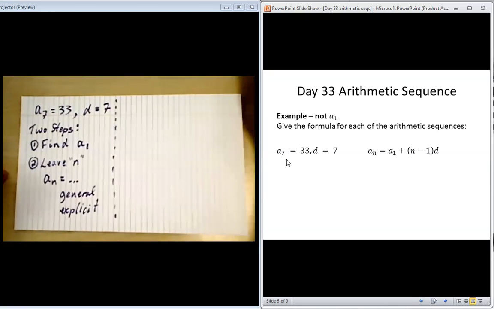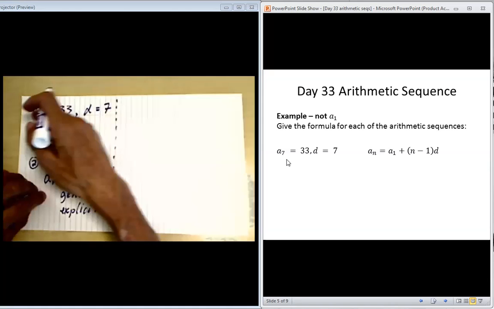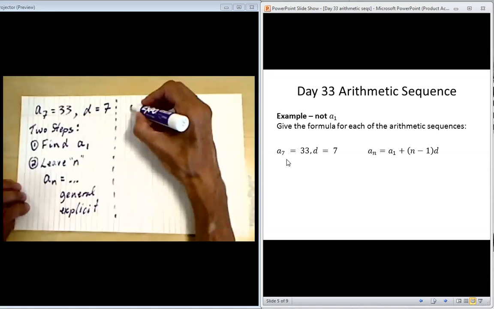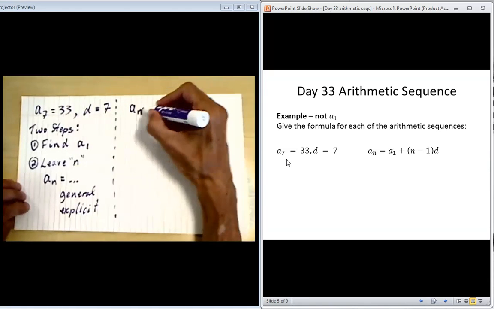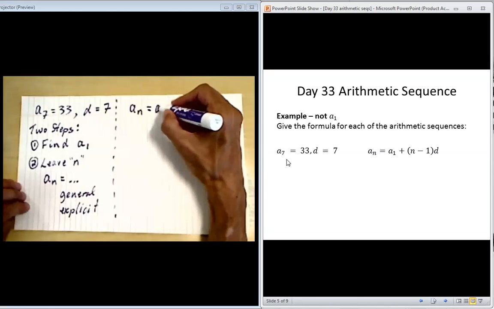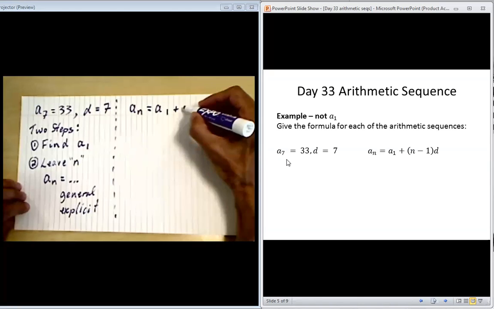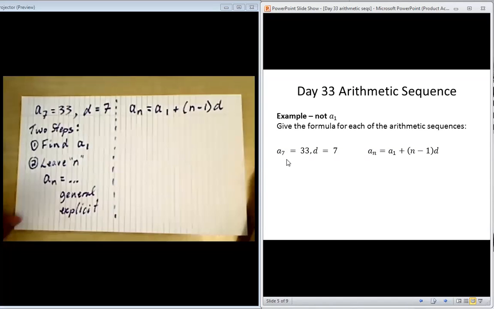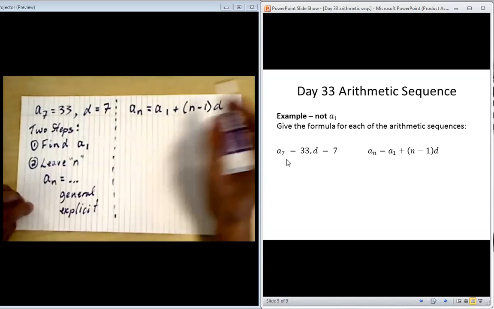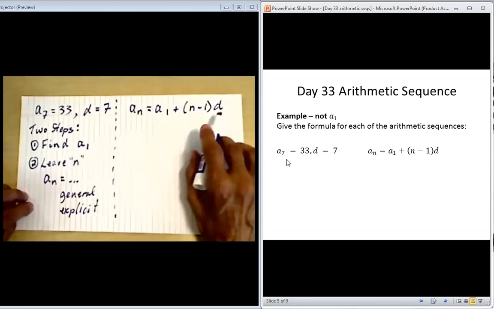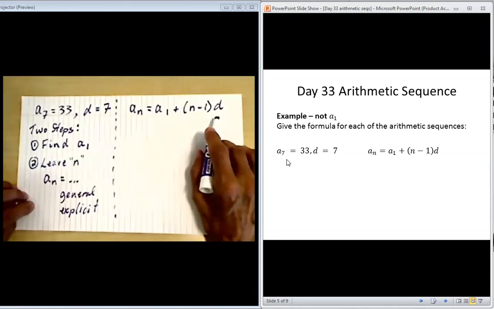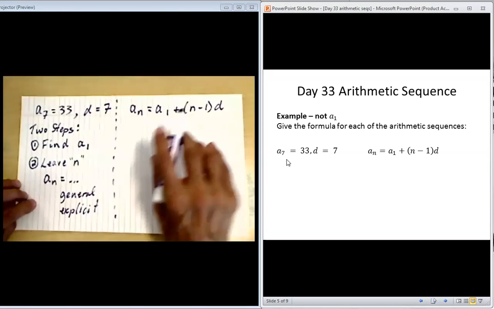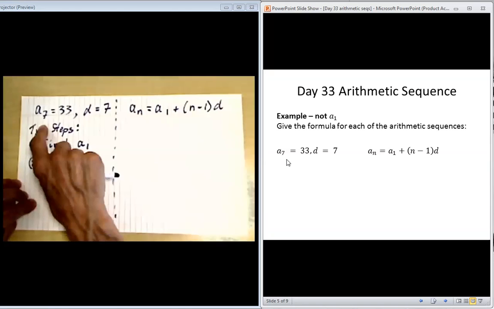So let's see what we got here. Well, for this section, it's arithmetic. So we got this situation here. We know that D is equal to 7, so we can put that in that place there. Notice this, A7 is 33.